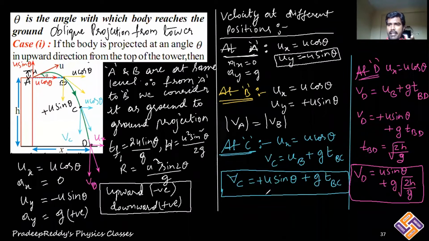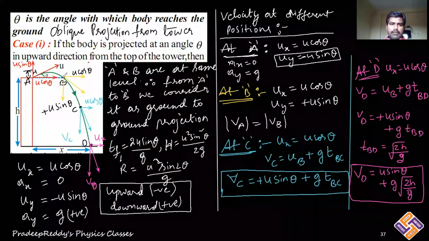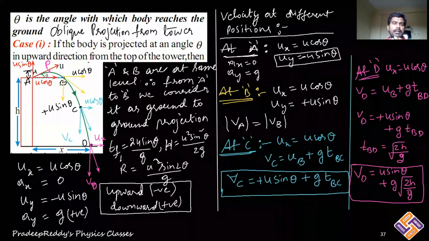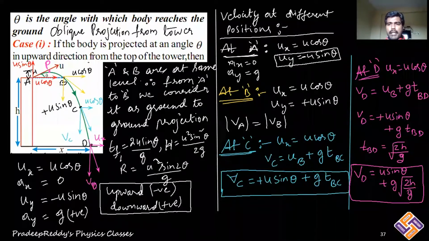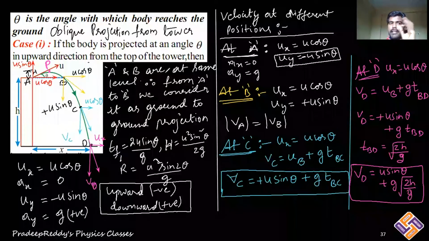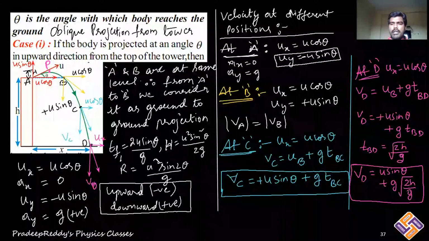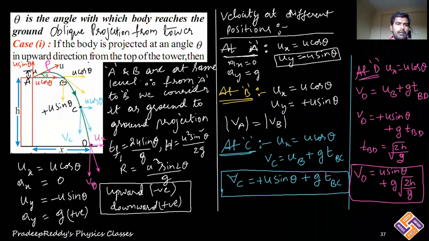Whereas from position A, when it is going upward, when it reaches this position, I am naming it as P. When the body is going from A to P, vertical velocity at P becomes 0, because gravitational pull will be downward. Therefore, at P, it has only horizontal velocity. Vertical velocity is 0. That we have already discussed in the projectile motion, so I did not teach it again and again.